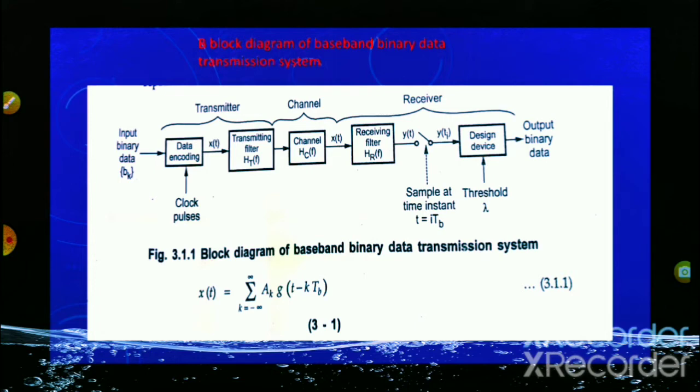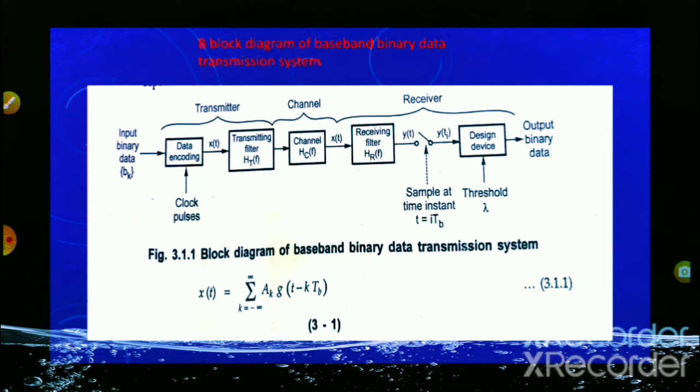Successive binary digits can be combined into symbols. There can be multiple amplitude levels corresponding to these symbols. They generate discrete PAM signals. These signals are transmitted over the channel in baseband transmission as shown in the above figure.